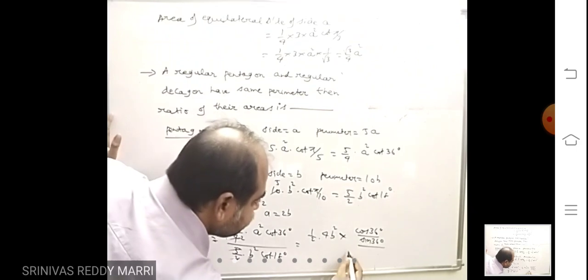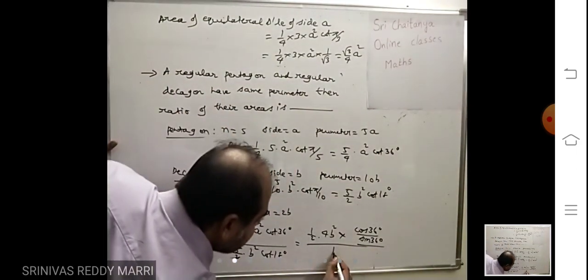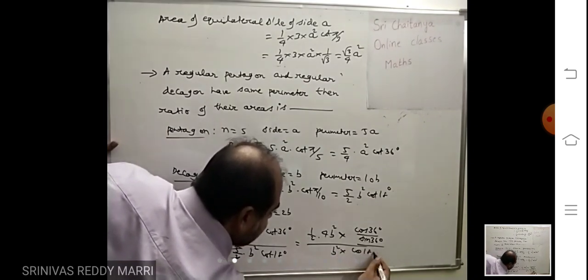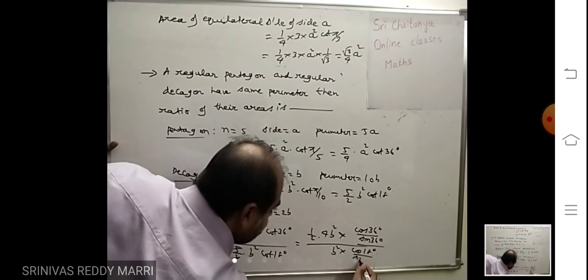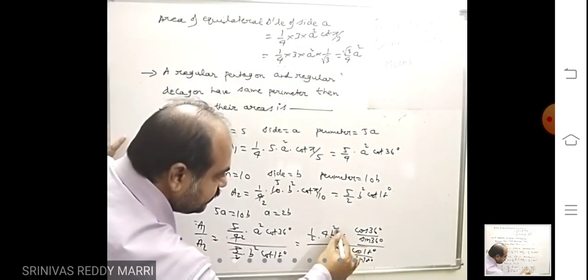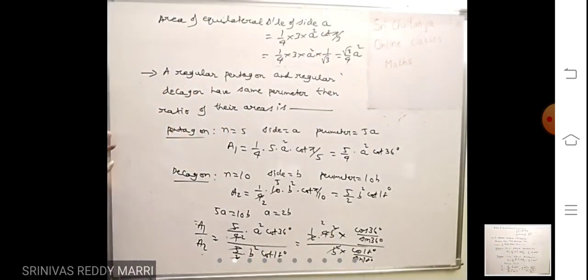Divided by b square into cos by sine. B square will get cancelled, 2 ones, 2 twos.